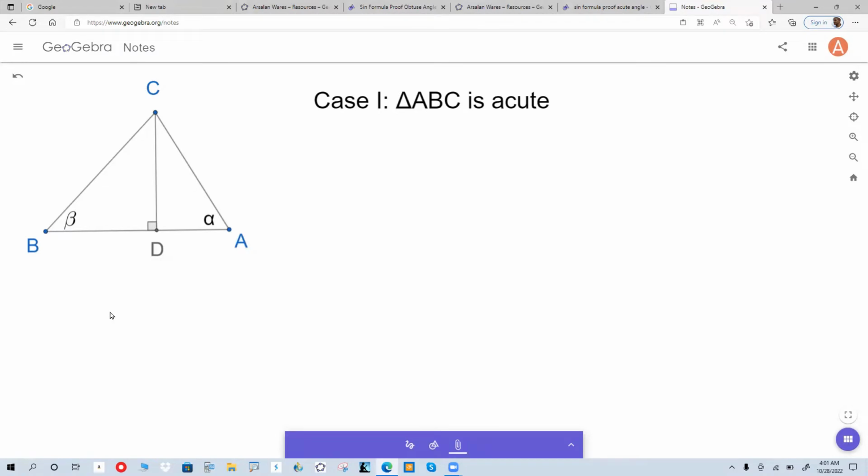So right over here, I have a picture of triangle ABC. I dropped a perpendicular from point C to side AB.